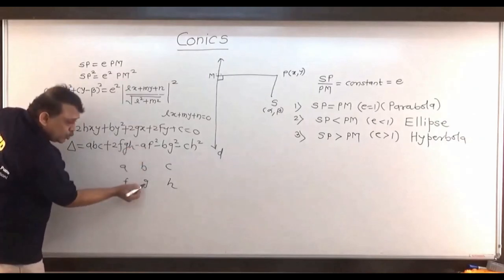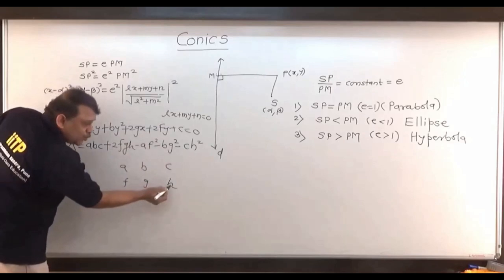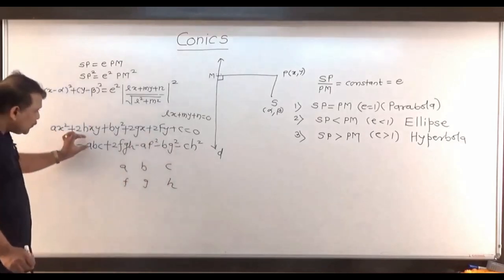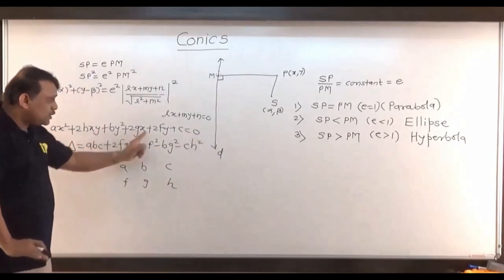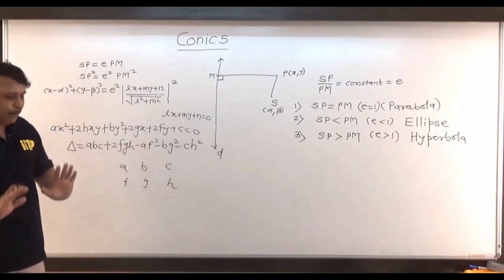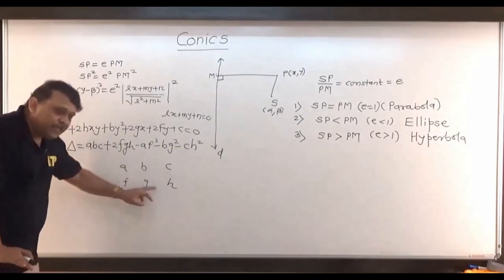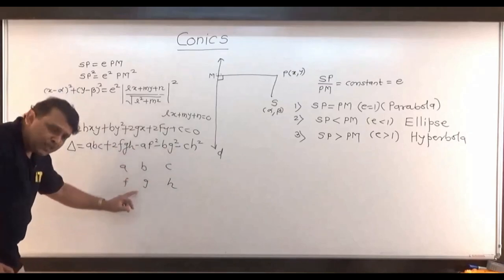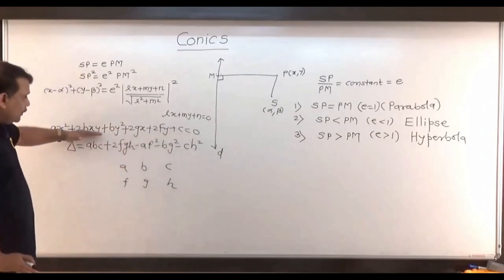Square G, I am getting G square into B, minus BG square, and square H, H square into C, that we are subtracting. This way, this expression, which is called the discriminant of this equation, can easily be remembered. So ABC plus 2 times FGH. Now everything is minus: minus AF square minus BG square minus CH square. So this is the discriminant of this equation.